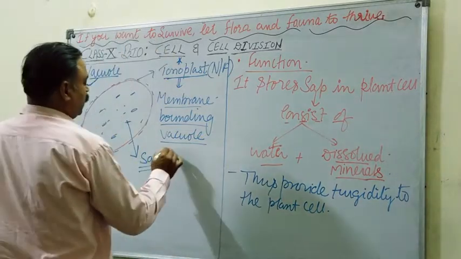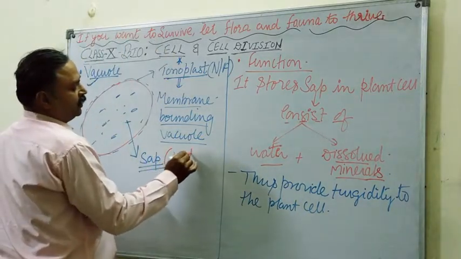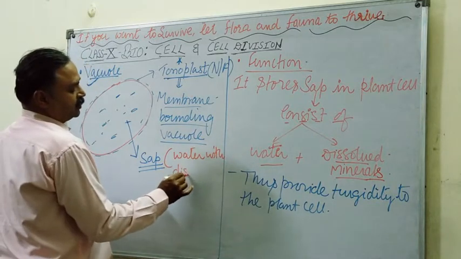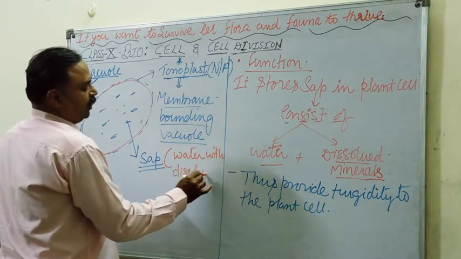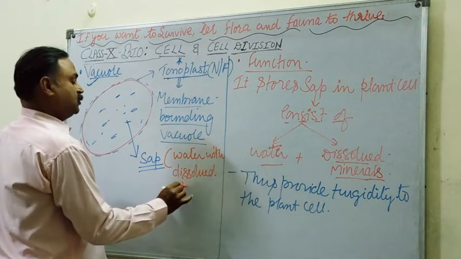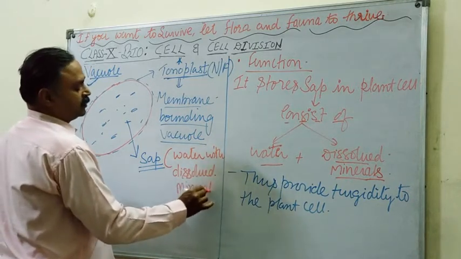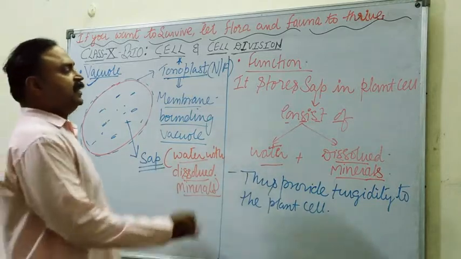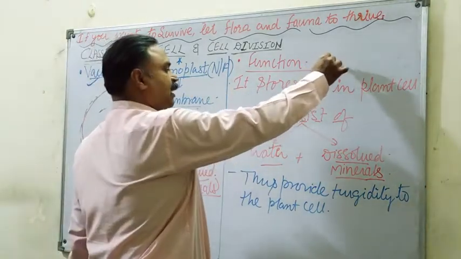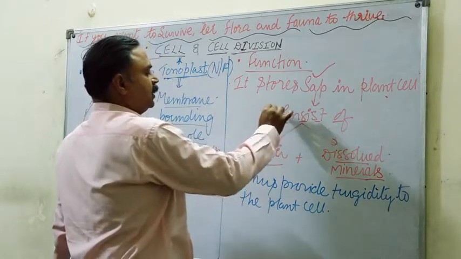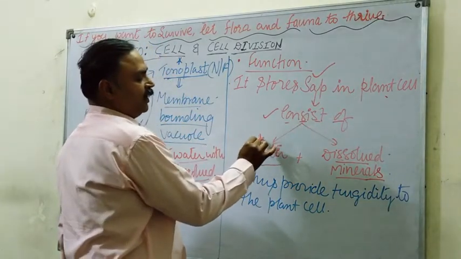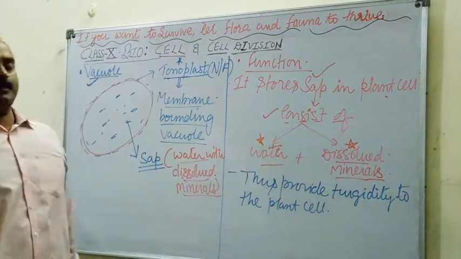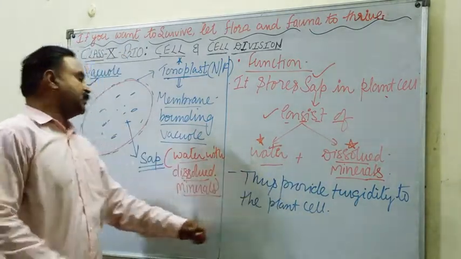Sap consists of water with dissolved minerals. That is the main function of the vacuole. It stores sap in the plant cell. And sap consists of water with dissolved minerals, and ultimately the function is that it provides turgidity to the plant cell.